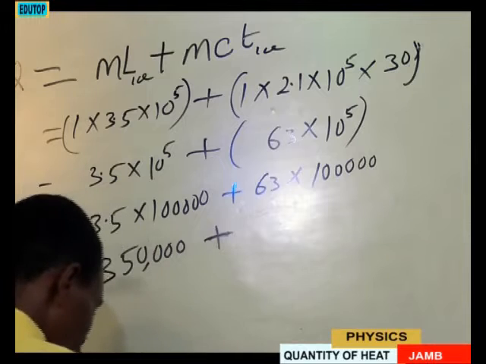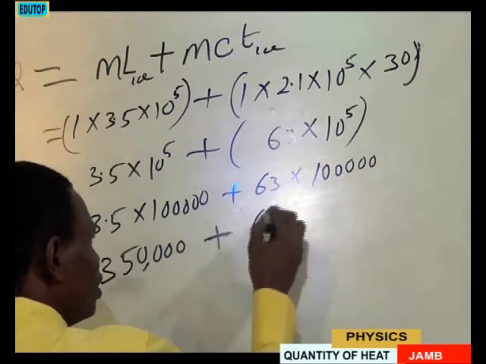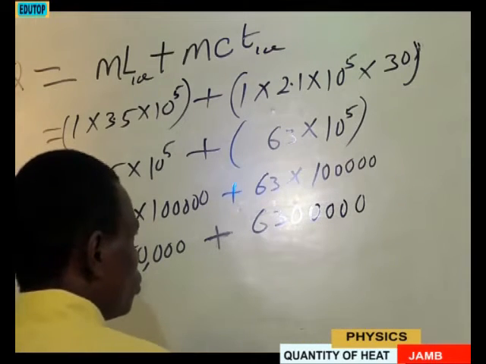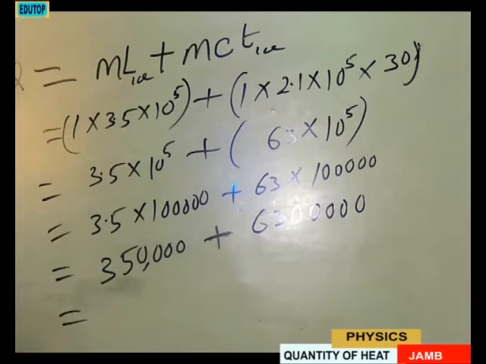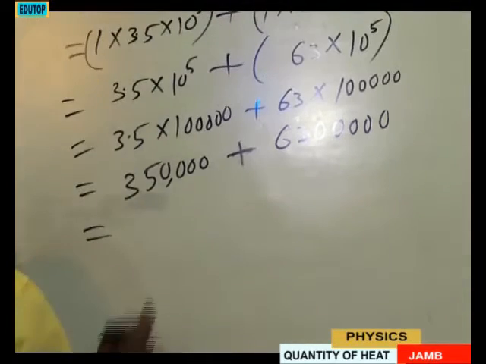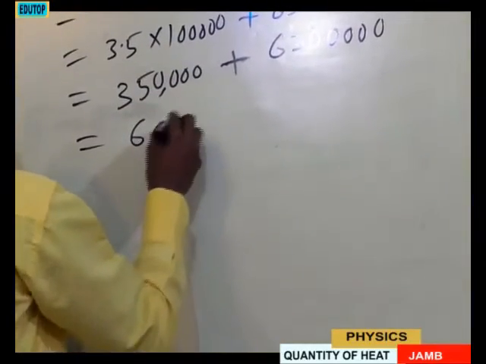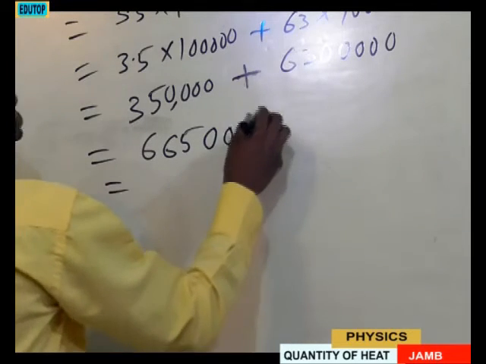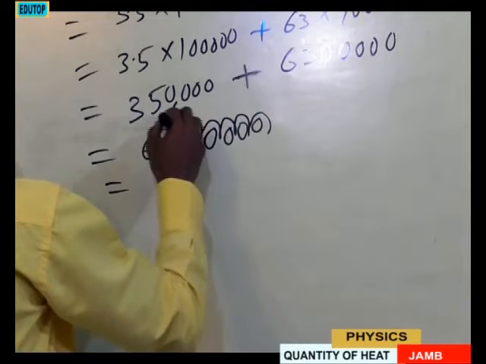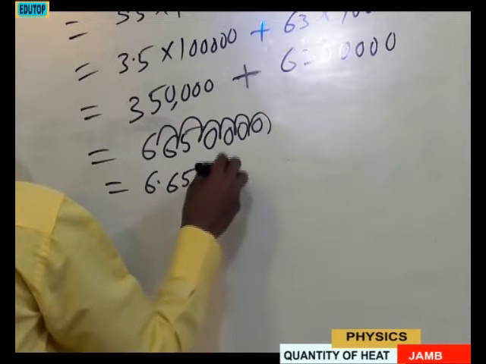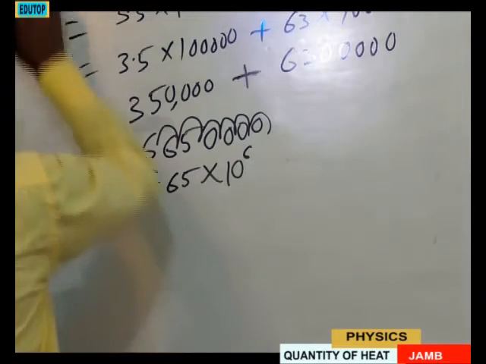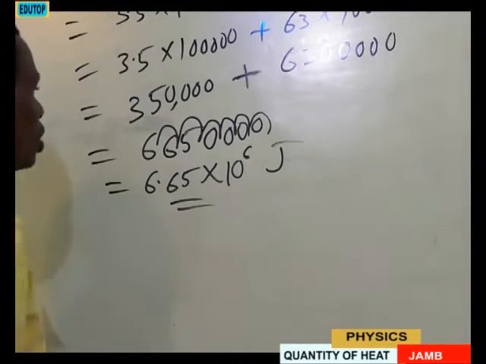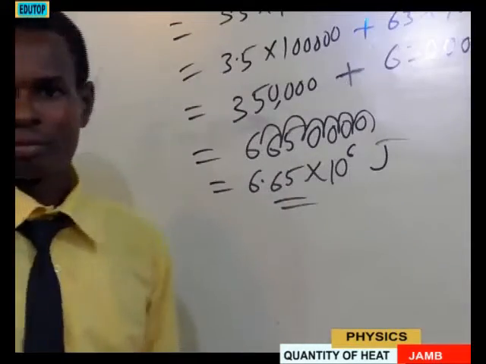In this case, we are going to have 6,300,000. Then we are adding the two values together. Everything will be equal to 6,650,000, and we can write this as 6.65 times 10 raised to the power 6. We are looking for the quantity of heat, in joule. And that's the value for the quantity of heat, 6.65.